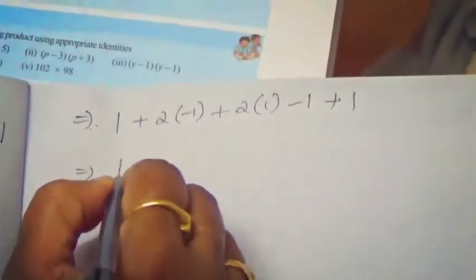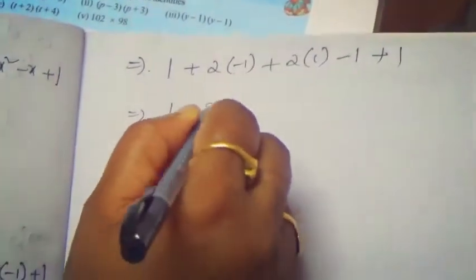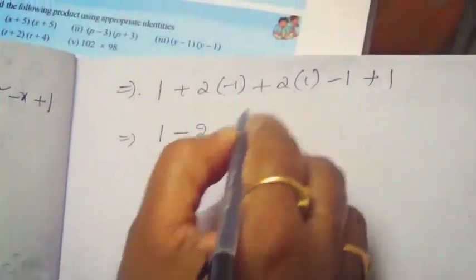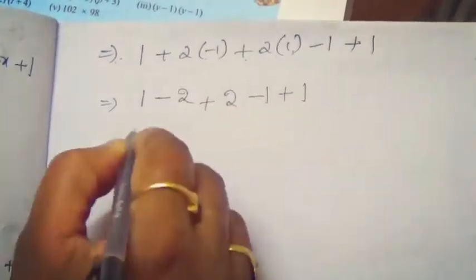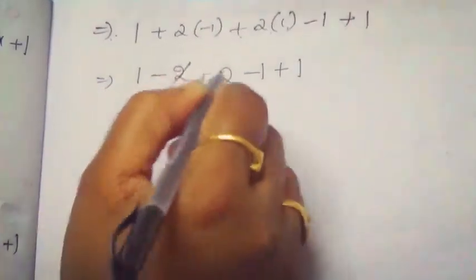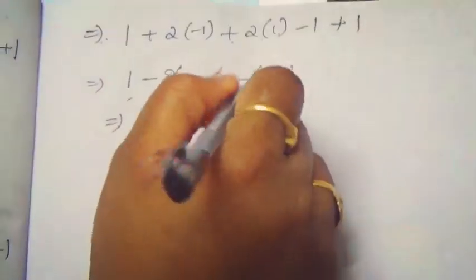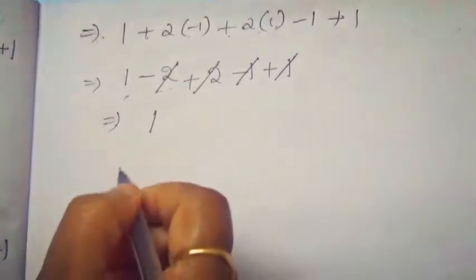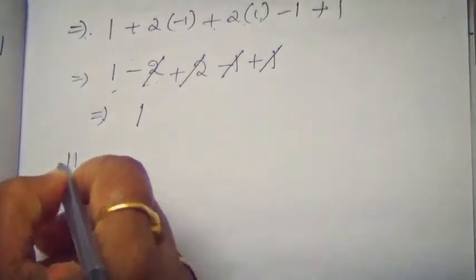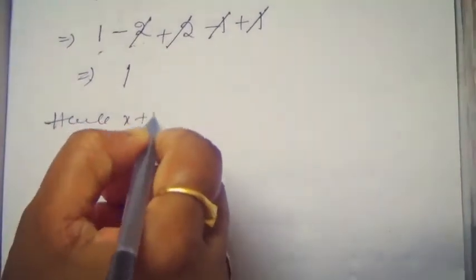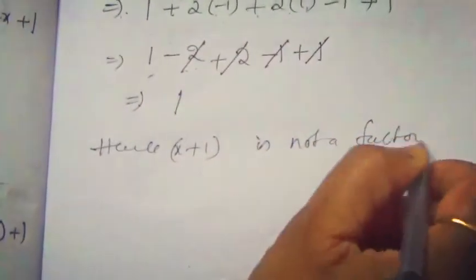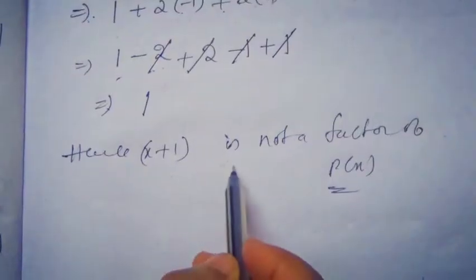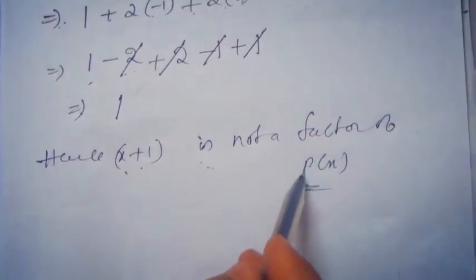That implies 1 plus of minus 2, into 1, 2 plus 2 ones, 2, minus 1 plus 1. So that implies these are cancelled, 1 remains. So here, hence x plus 1 is not a factor of p of x. In the third sum also, x plus 1 is not a factor of p of x.